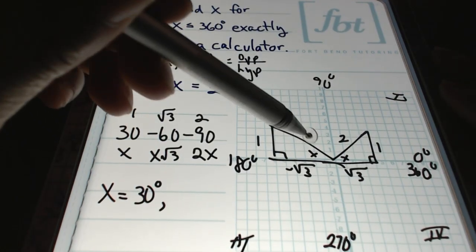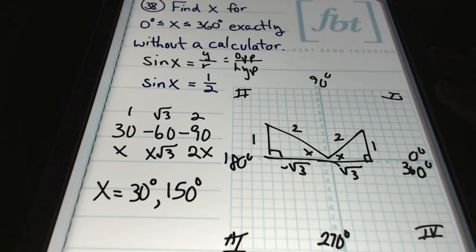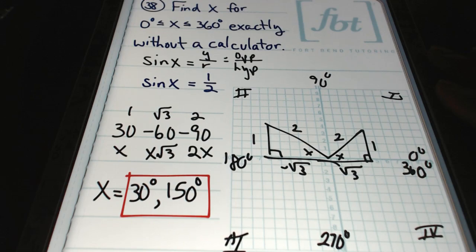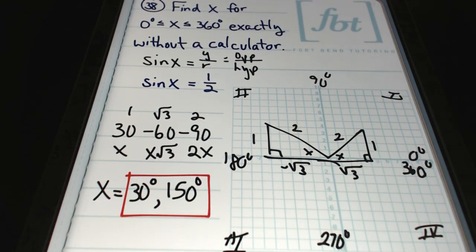So 30 degrees off of the 180 degrees gives us also the angle measurement 150 degrees. So your answer for this is 30 degrees and 150 degrees, Obina, because we had to find all of the angle measurements where we would end up with 1/2 as a result.